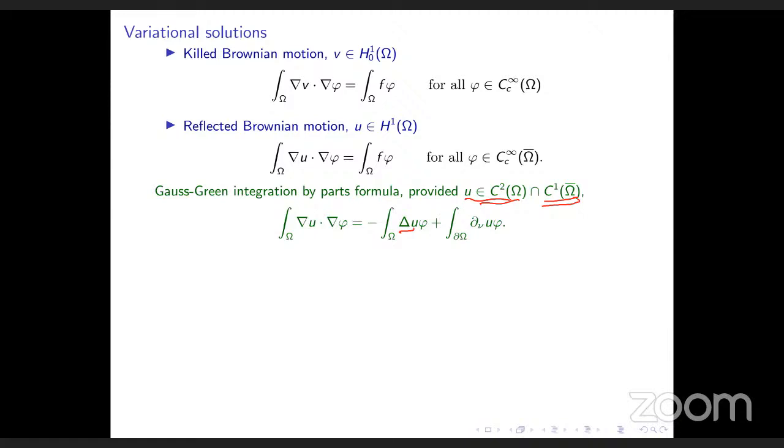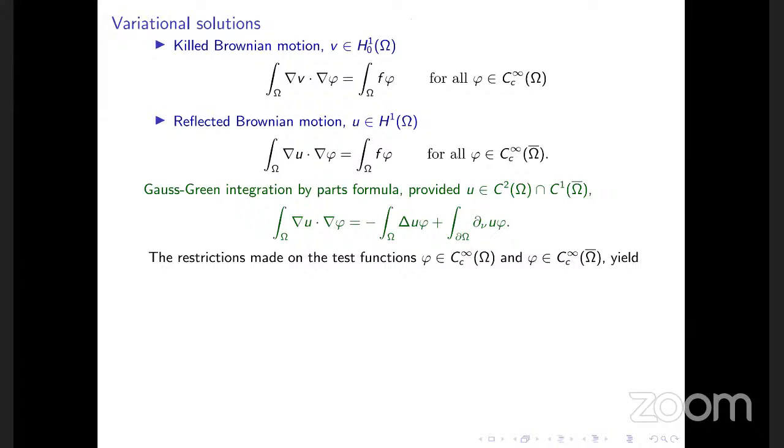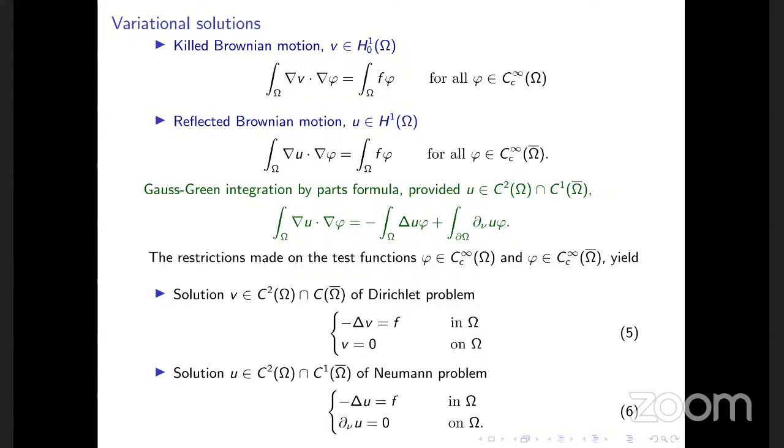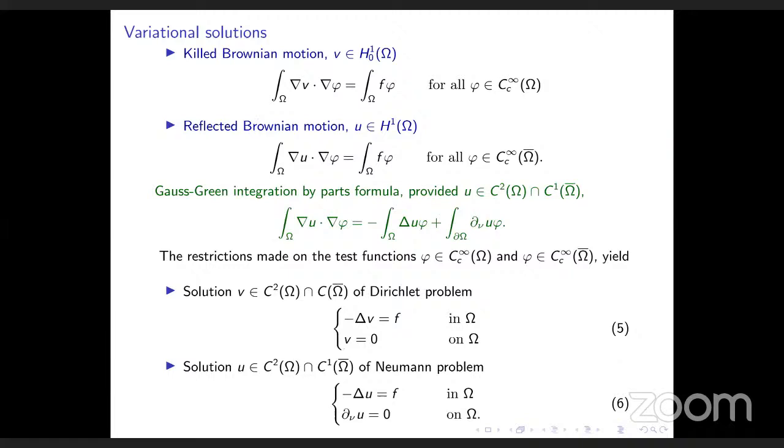So I will just tell the classical results for the local operators. The restriction on the test functions, if you look at this, we see immediately from the Gauss-Green formula that if I have a classical solution, then with the restriction on the space of test functions, I will have simply a Dirichlet problem, or maybe a Neumann boundary condition, because I consider a lot of test functions.